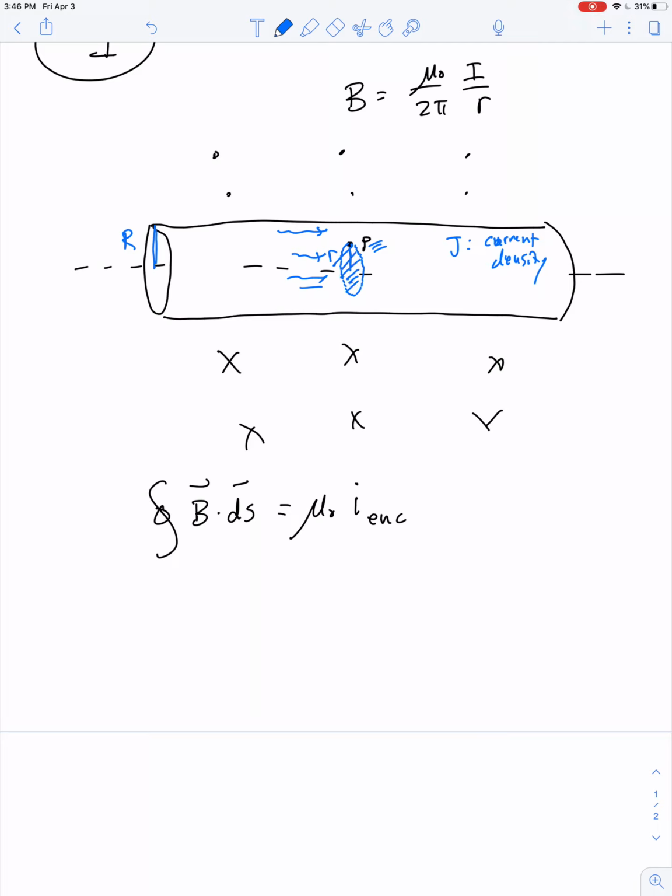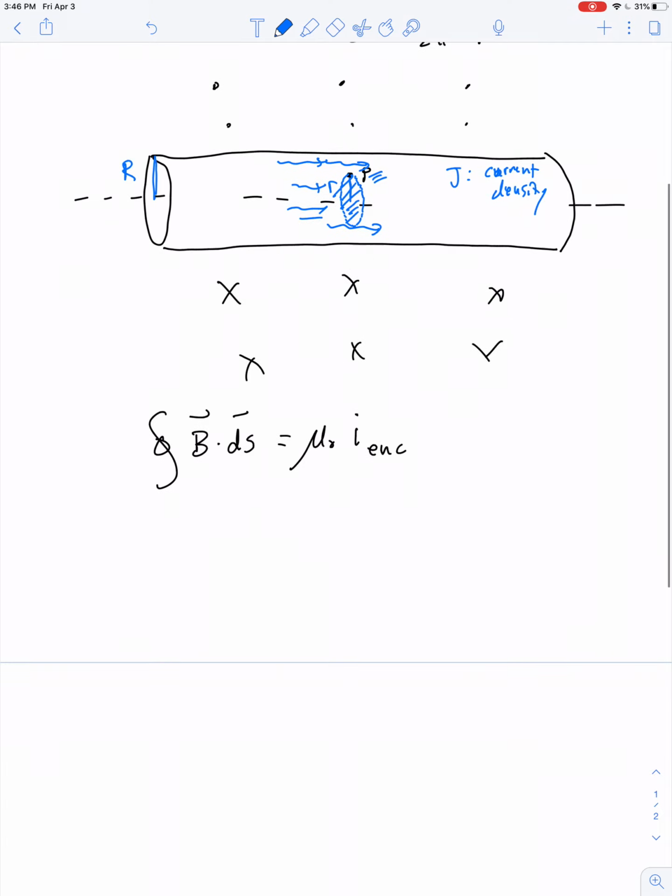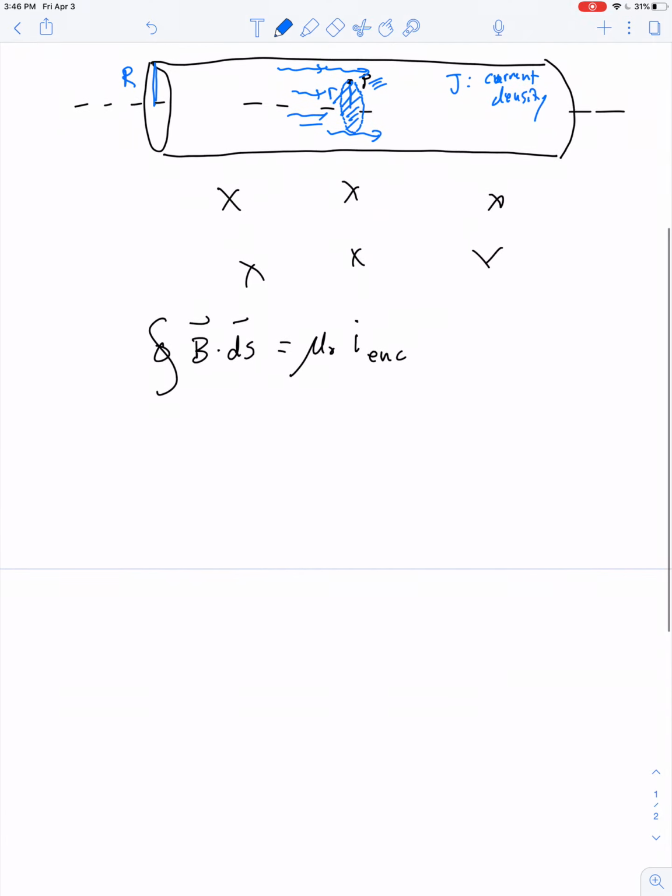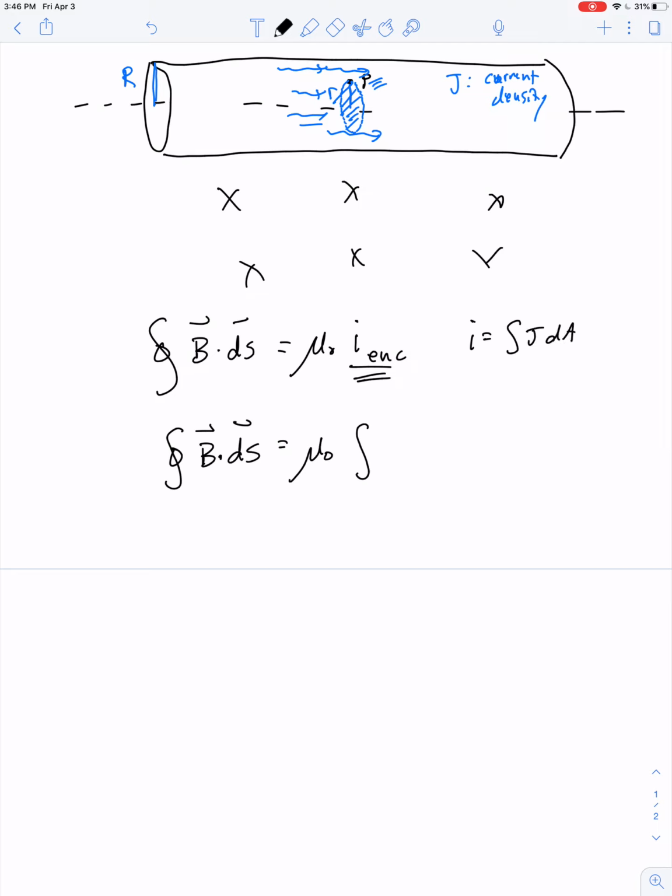Some of the current passes through here, but some of the current skirts past that Amperian loop. So we could change Ampere's Law to a more general form and say the integral of B dot ds equals mu naught, and to get the amount of current enclosed, we could integrate, and remember that I is equal to the integral of J dA. So there we have it.